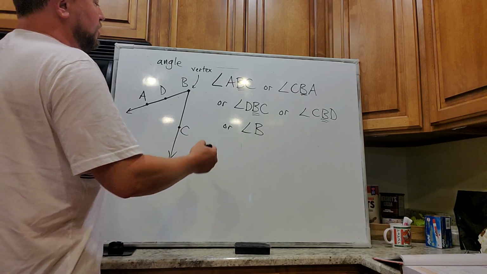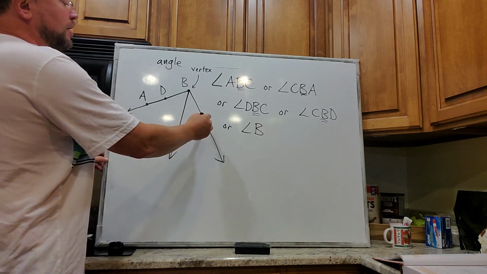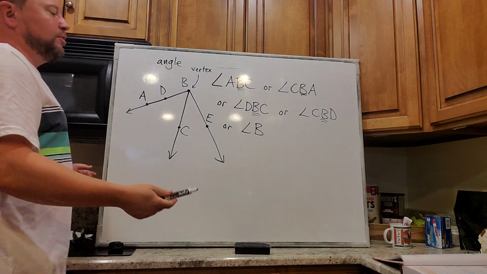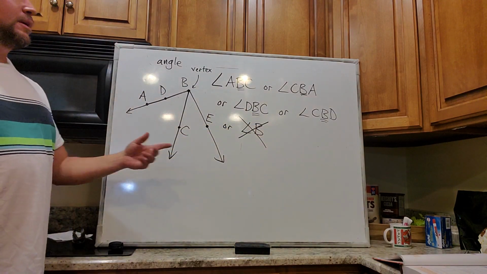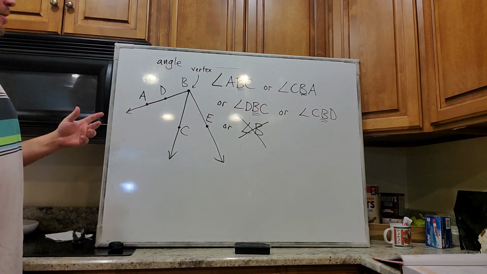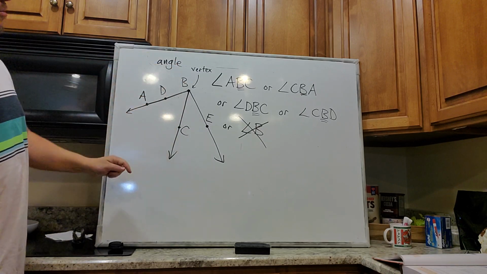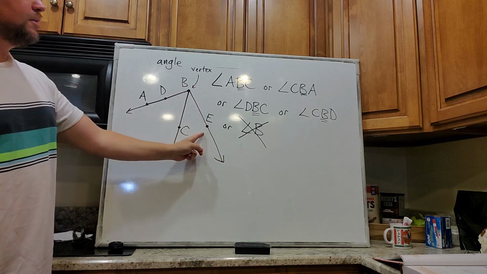If I were to do this, though, and have a third ray come out of here, now you would no longer be allowed to use that shortcut. Because if I said, hey, look at angle B, you would ask me, well, which angle B? We've got an angle ABC that runs there. We've got an angle CBE right beside it that runs there.